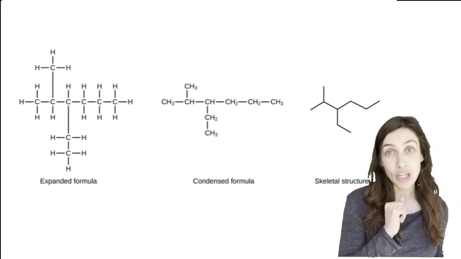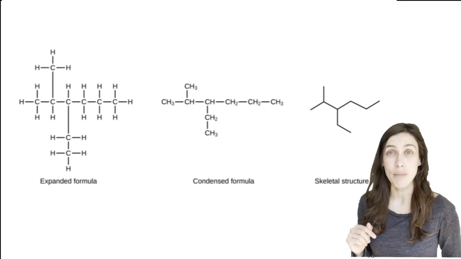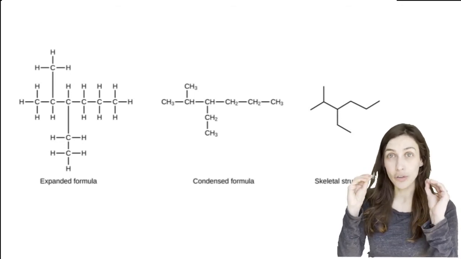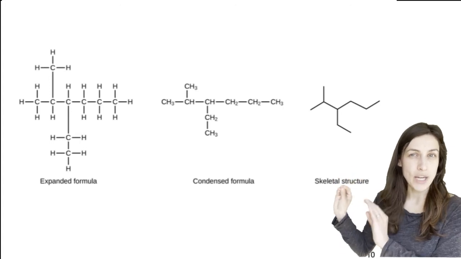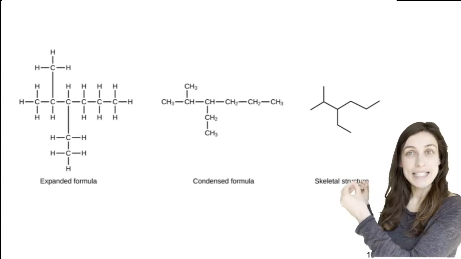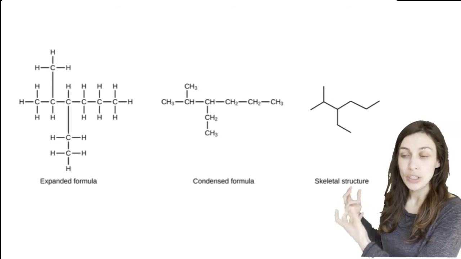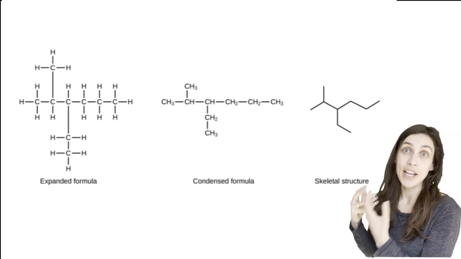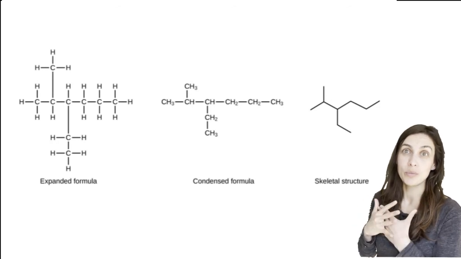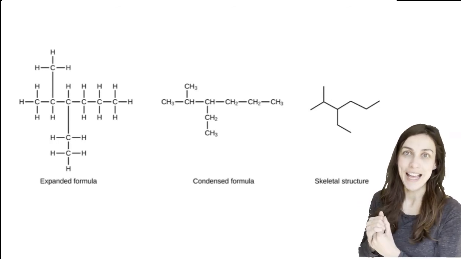So I recommend that you pause this video for just a moment and look through the example here to make sure that it makes sense, because skeletal formulas are going to be used in the future, and I don't want you to feel overwhelmed or anxious when you see that.